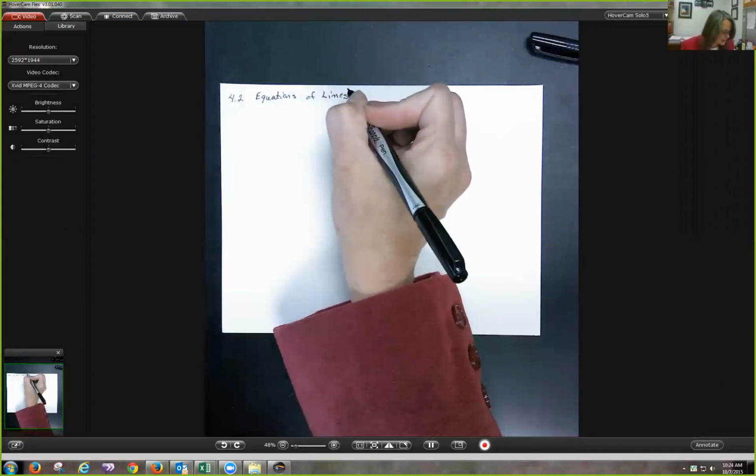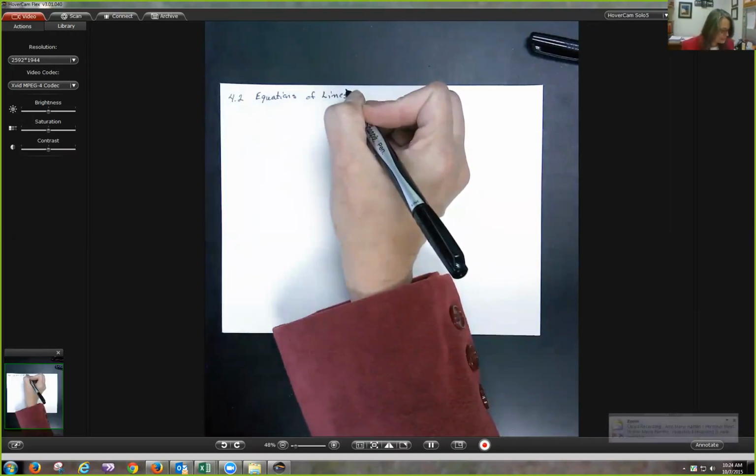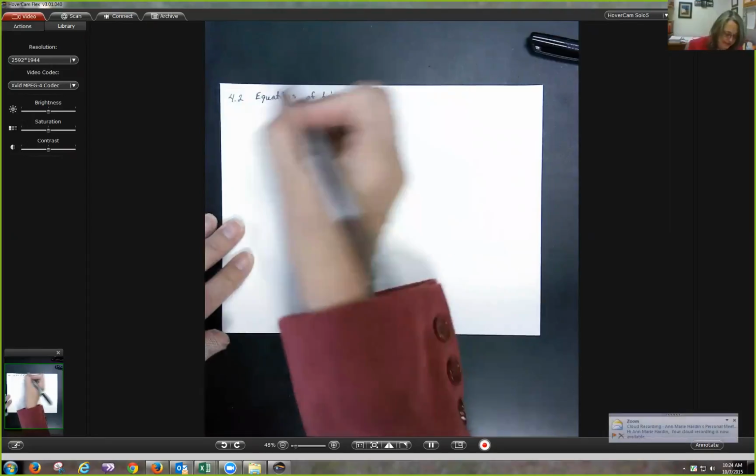And I'm actually going to not talk about the basic slope-intercept form because I think most of you know that y equals mx plus b. What I want to talk about instead is how to do a problem that looks like this.